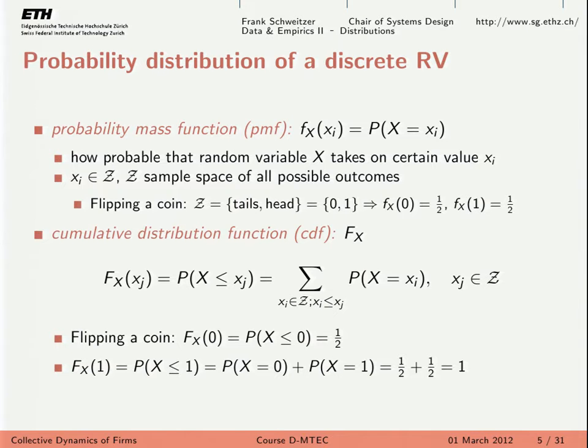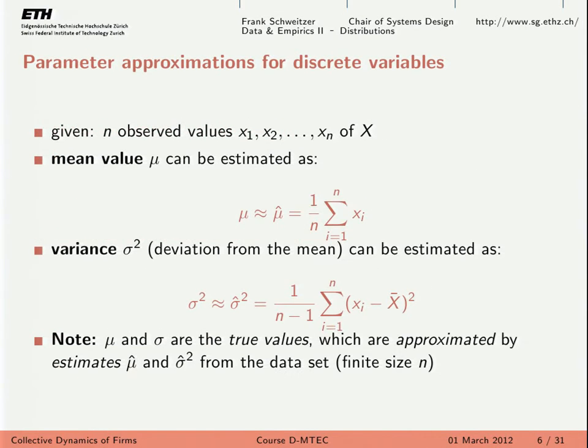Now that we know this definition of the distribution, we have to ask ourselves, how can we characterize the distribution? I mean, we have to give a formal expression. We characterize it by two parameters which play a major role in the course.